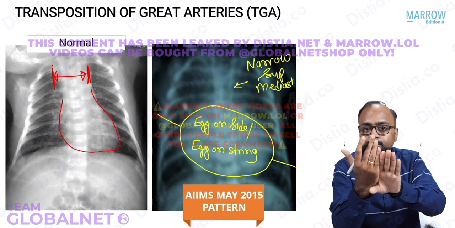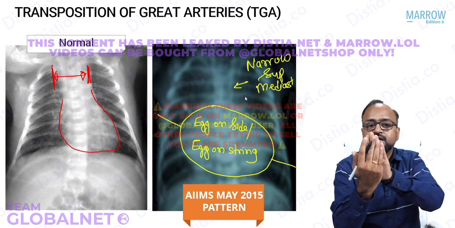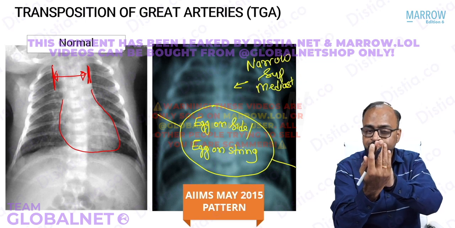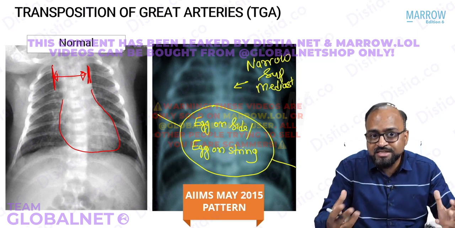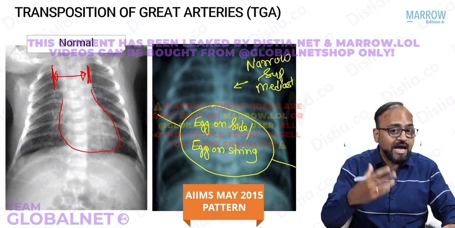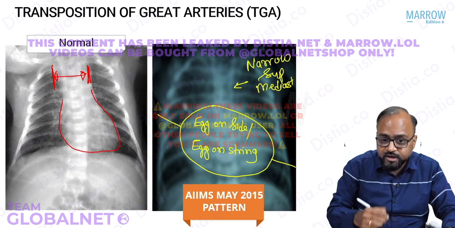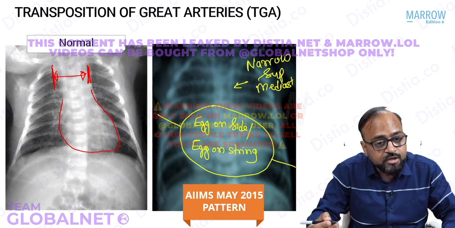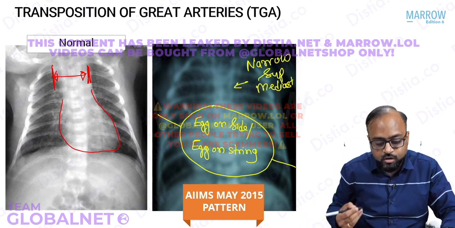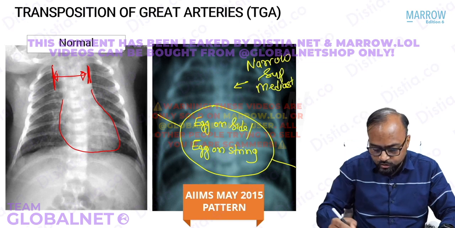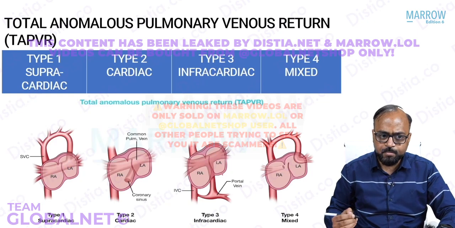But here in TGA, because the origin of the arteries is abnormal, instead of lying side by side, the arteries lie one behind the other. That creates a narrowed mediastinum. Also, because of the cyanosis, there is stress and this stress causes thymic atrophy, and therefore this mediastinal narrowing is seen. This narrowing of the mediastinum is considered one of the most reliable or most consistent findings of transposition of great arteries, along with the egg on string and egg on side appearances.